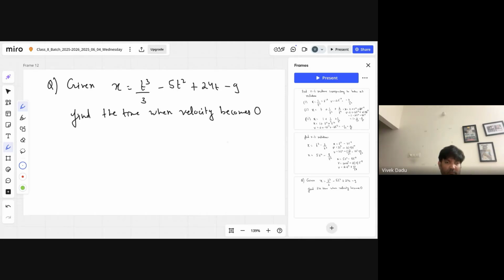Arihant, that's wrong. T square does not become 2t. Sohan, correct. Kunal, correct.